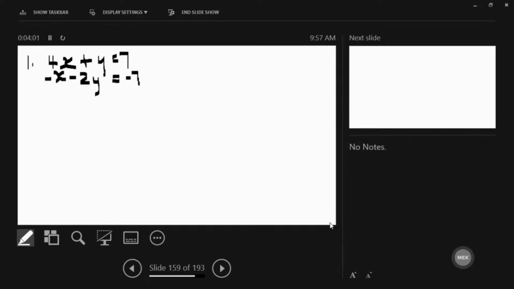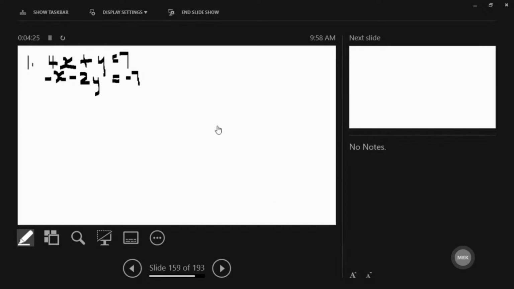Usually at the CSEC level, you're given two equations, and each equation has two variables. So we don't just want to find out the value for x, we also want to find out the value for y, and we're doing it at the same time. We're solving for both of them. So that's how the term simultaneous equation comes in.